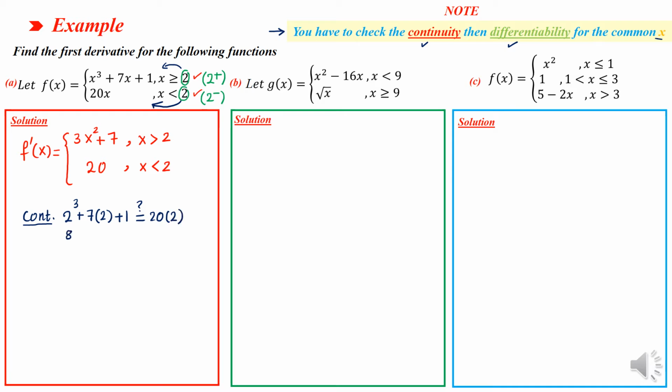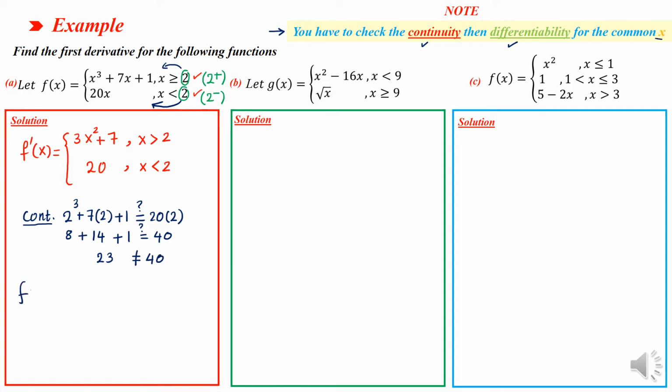We have 8 plus 14 plus 1, and here we have 40. So you will get 8 plus 15, which equals 23, and 23 does not equal 40.